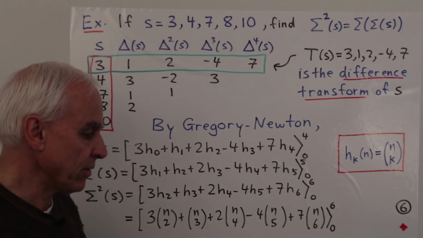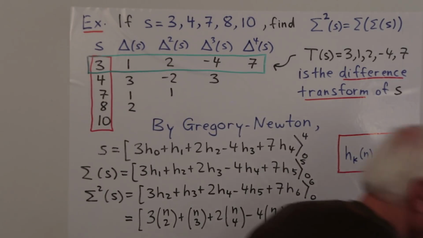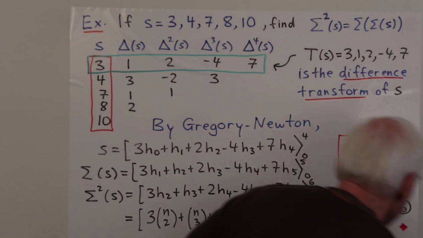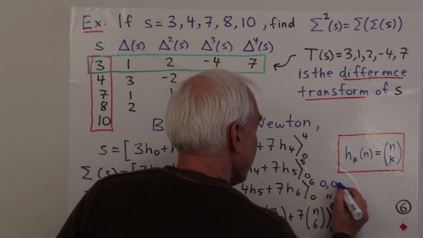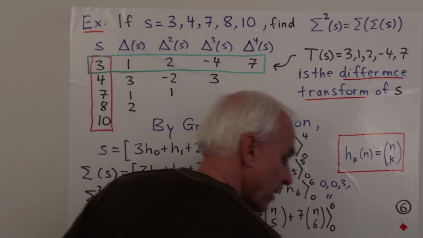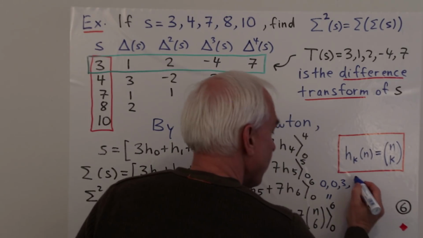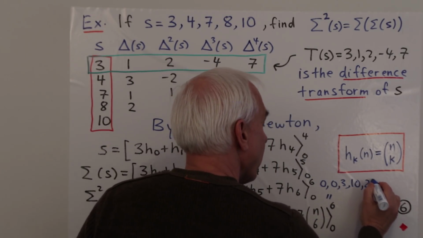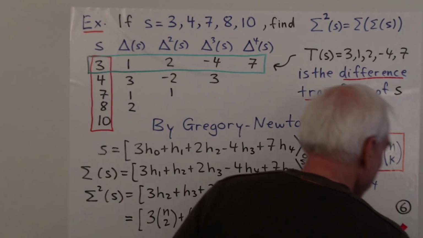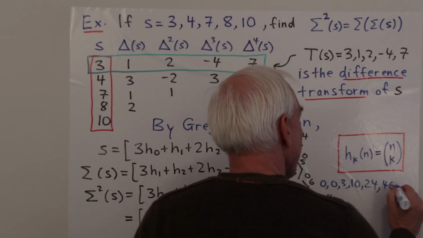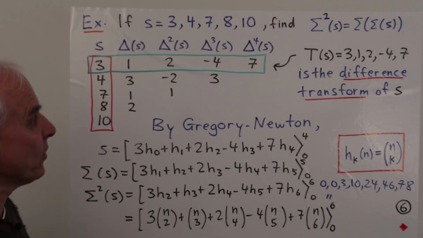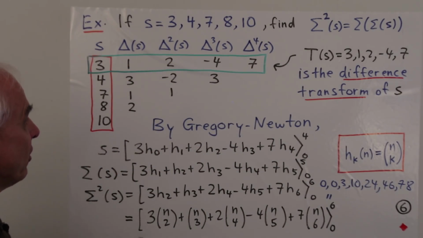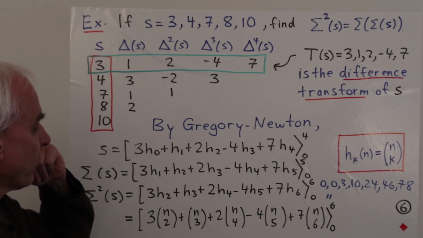What is actually the sequence itself? Well, I've made a computation over here. Let's see what it is. In terms of actually a sequence, it turns out to be 0, 0, 3, and then 10, 24, 46, and 78. So that actually explicitly is the second summation of the original sequence.